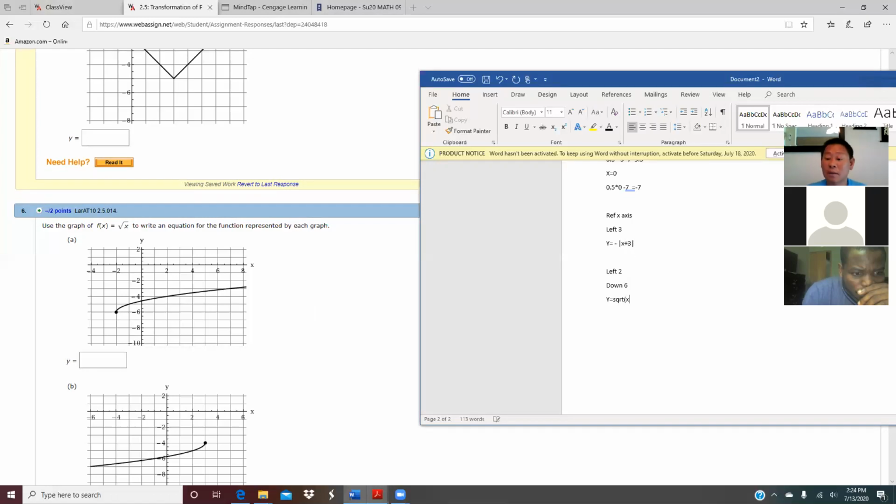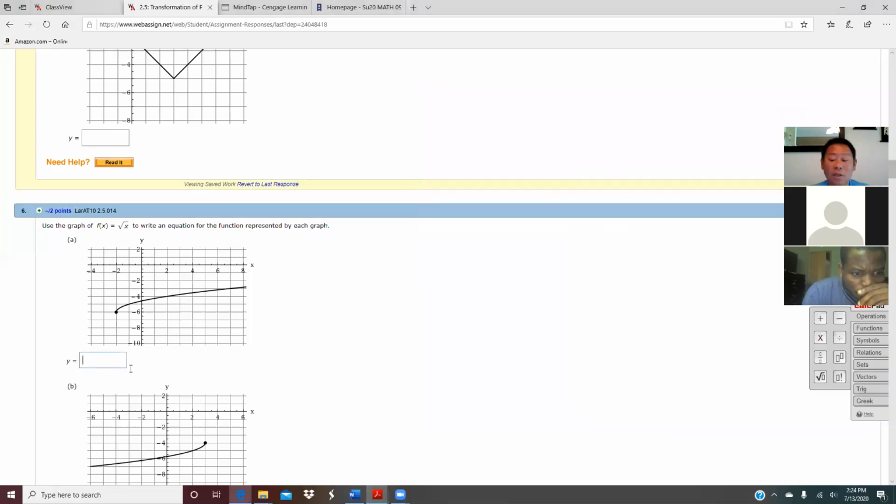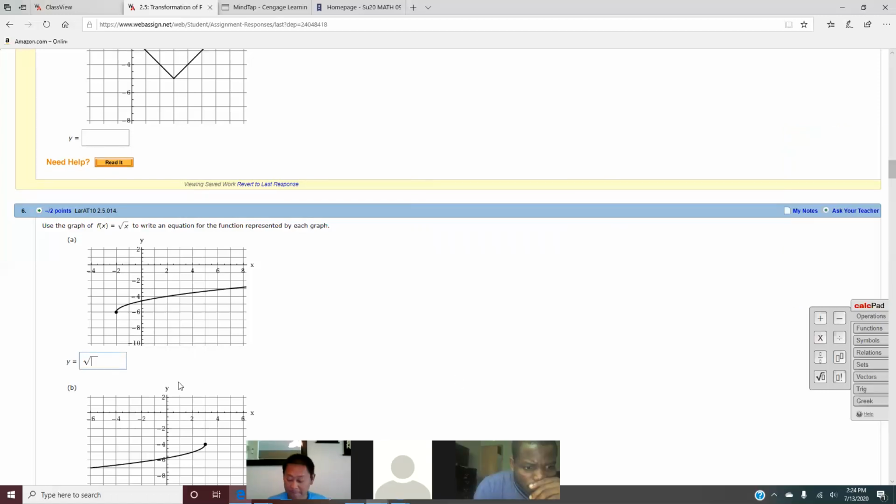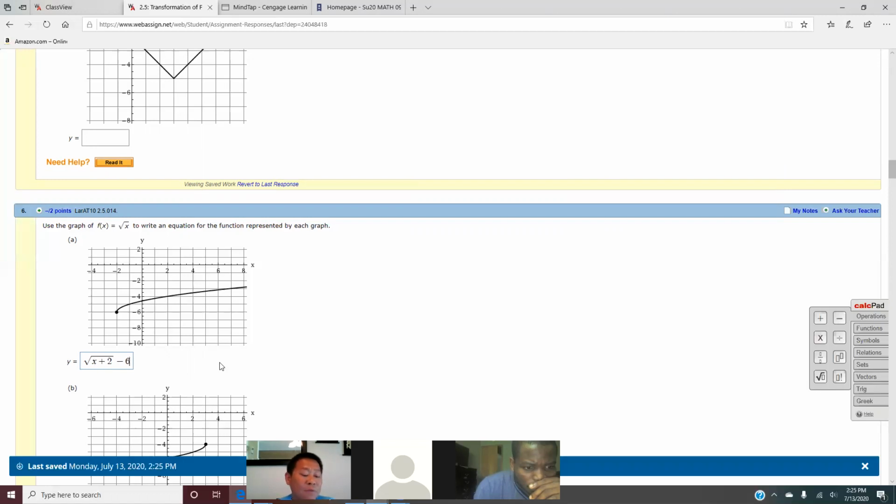X plus 2. And then when you go down 6, it becomes what? -6. So this equation is going to be the square root of x, not x minus, x plus 2, and then minus 6. So this is what you get for left 2, down 6.